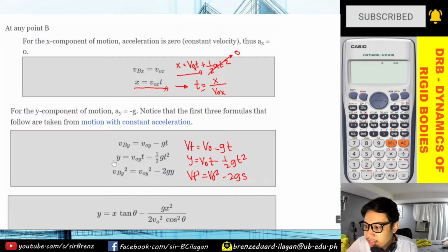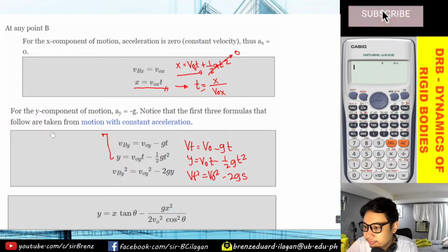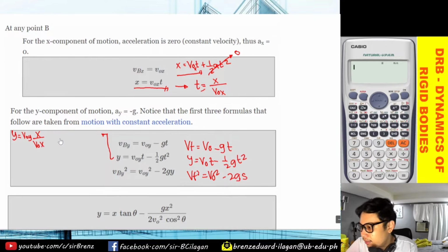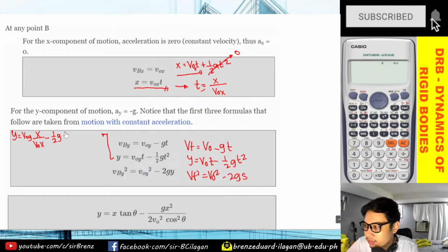So ang gagawin natin dyan, isa-substitute natin yung time t with this equation. So ang kakalabasan ng equation mo is ganito. So yung y is equals to v sub oy and then multiply by time, so magiging x all over v sub ox. Okay? So minus 1/2 of g times t squared, so that will be x all over v sub ox squared.